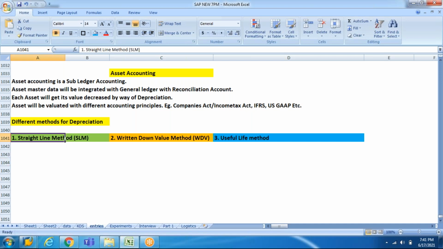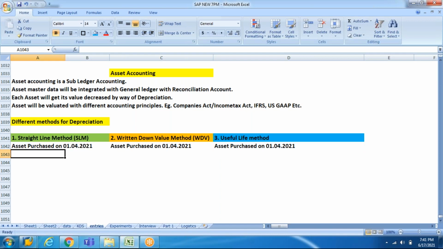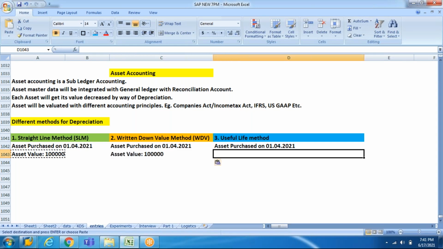Okay, let's take a simple example. Asset purchased on this date, the same date in all the methods. Asset value, let's say 1 lakh. Everywhere, let me take the same value, 1 lakh.